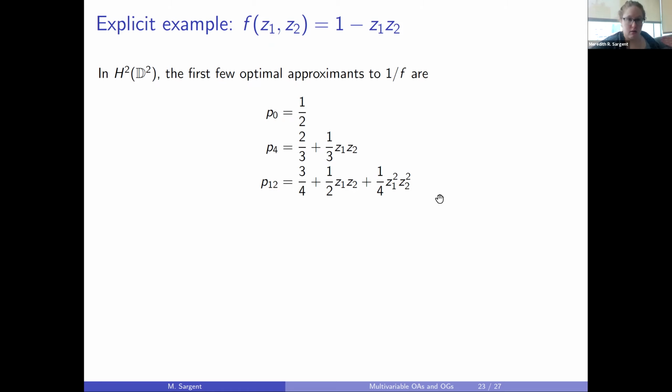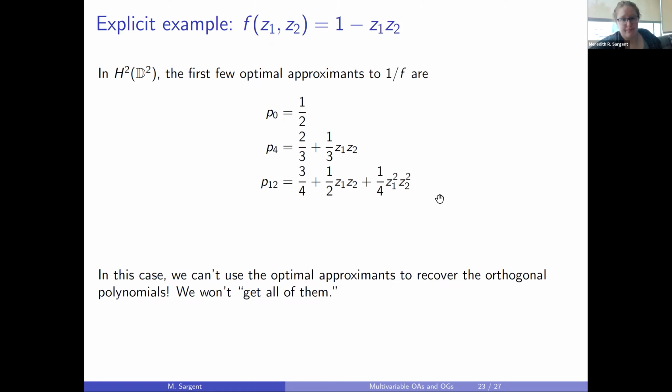And this isn't even the worst case. In this case, we're not going to get all of our orthogonal polynomials, but we'll get some. In some cases, for some functions, you're not going to be able to get any orthogonal polynomials from your optimal approximants. All of the optimal approximants will be equal.